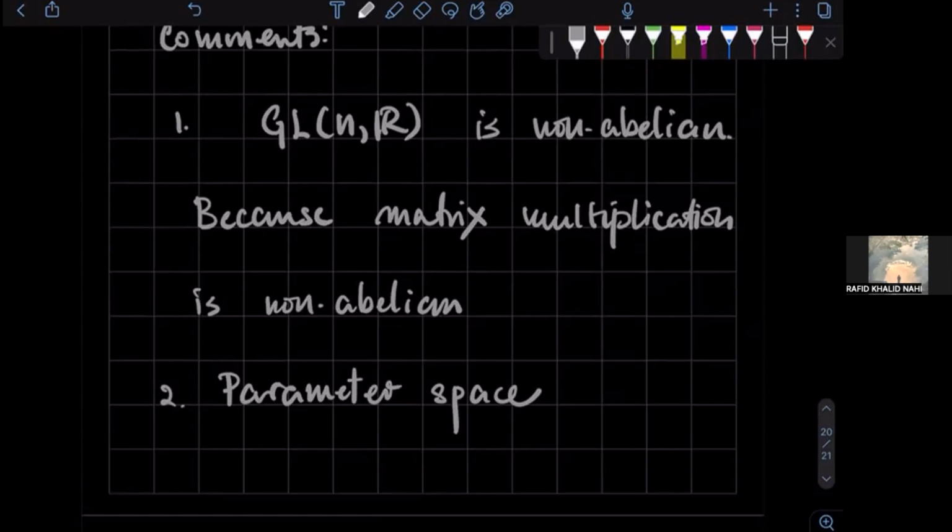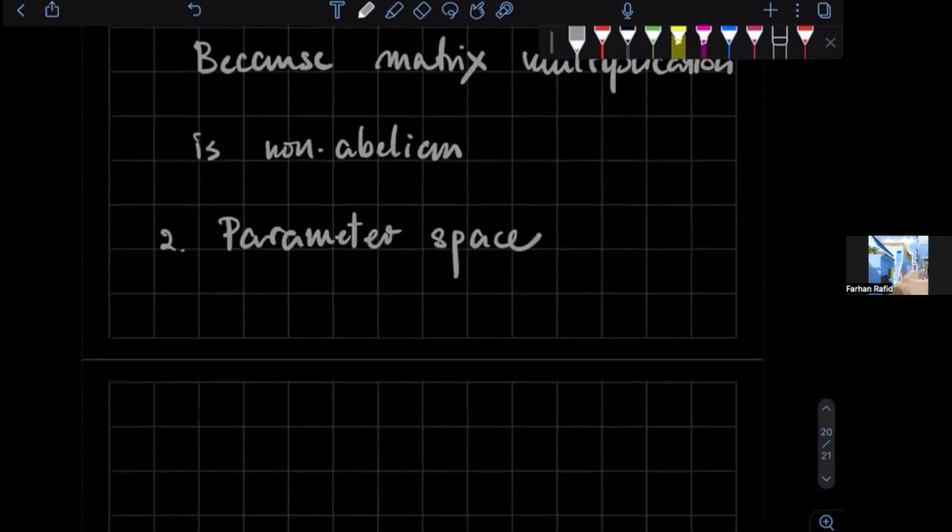N squared. Right. So the parameter space, would it be R^(n squared)? It contains, of course, the ones with determinant 0. So we need to exclude those ones. Yes.